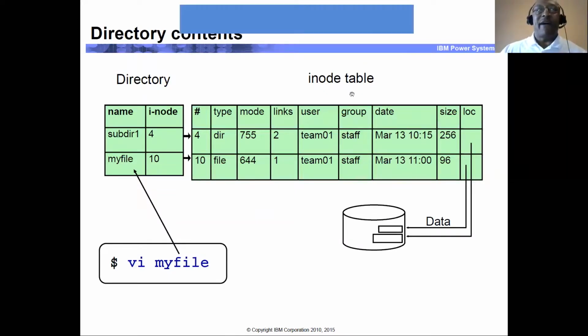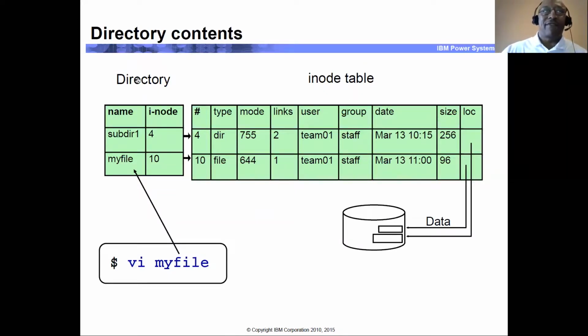Now let's say something about inodes, okay? Remember the directory represents the name of the file and the inode number. But by using different commands, like for example ls -l, we can list out the content of a directory, including the file type, permission bits, and such. But let's define what an inode is first, okay?